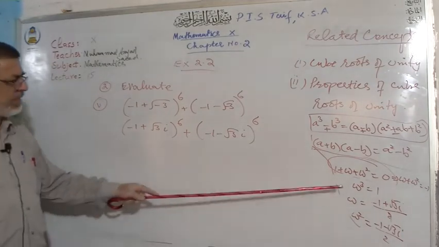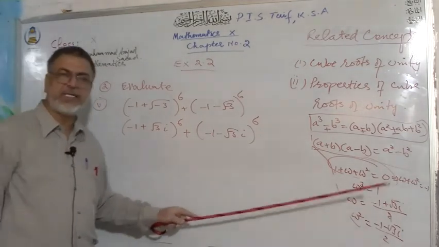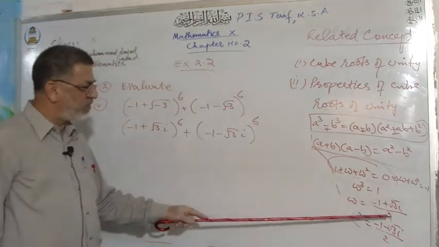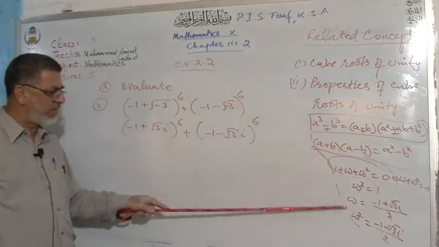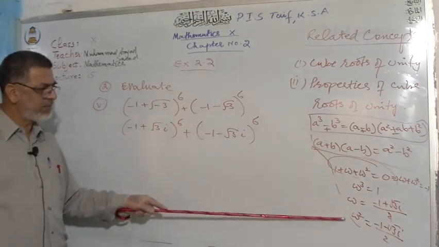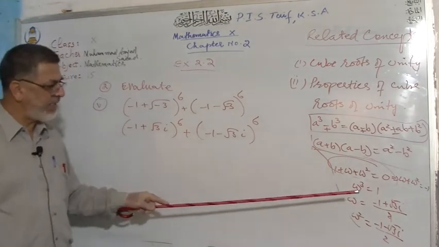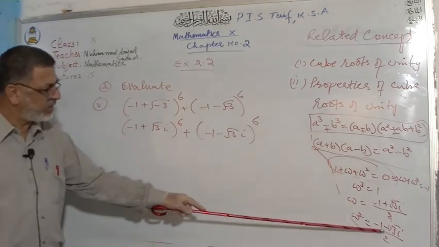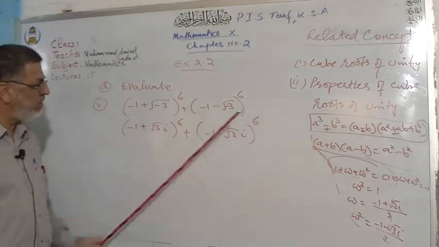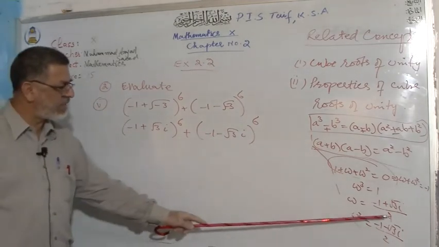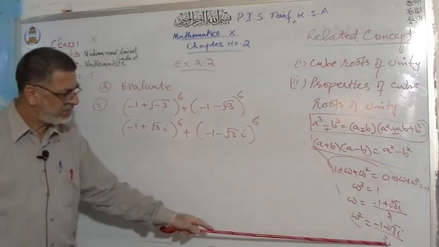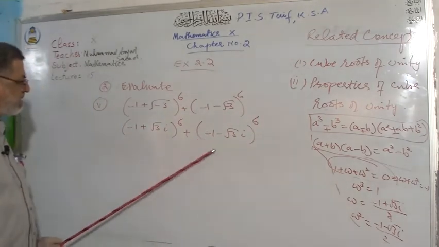To simplify in terms of omega and omega square, omega cube, we have to convert this right hand side into left hand side. Remember that. Again you can check this one also. Minus 1 minus 3 under root iota, but 2 is missing here again. In both cases 2 is missing.